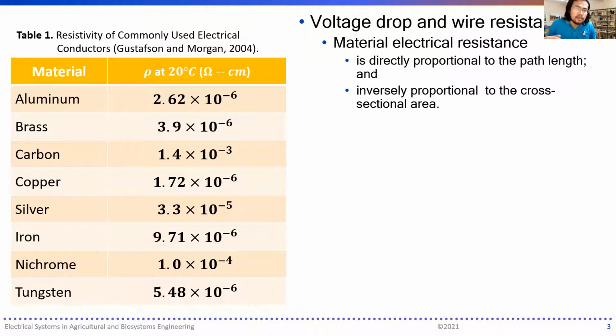Now, in wiring diagrams, there is always a resistance to the wire, given that there's no perfect conductance or travel of electricity through a given circuit.